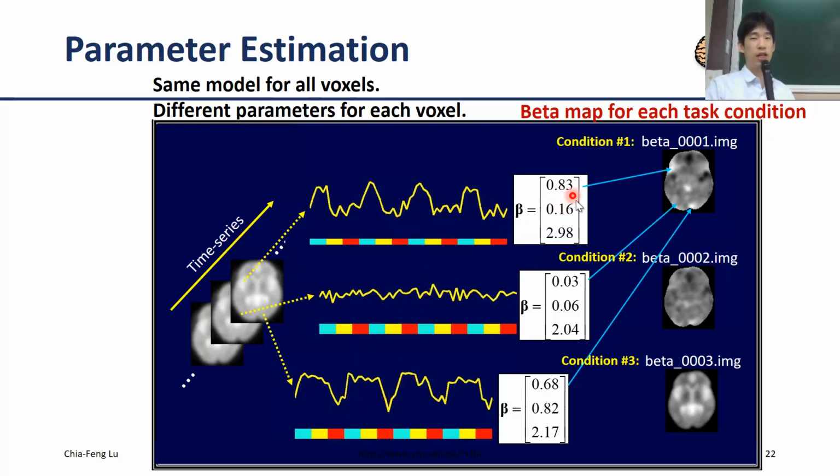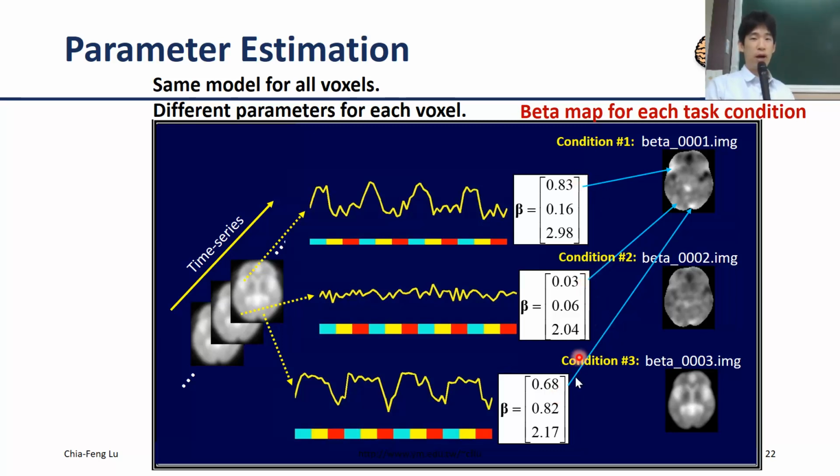But you can definitely identify the three parameters based on your experimental design, or the GLM model design. And then you can put in all the numbers. For example, this one, beta 1 equals 0.83. In this pixel, beta 1 equals 0.03. For this voxel, beta 1 equals 0.68.